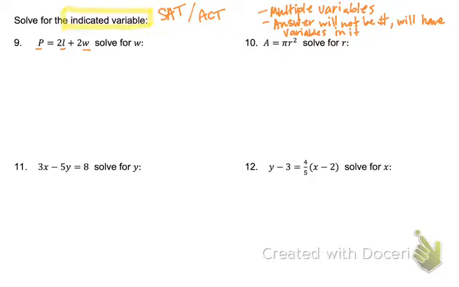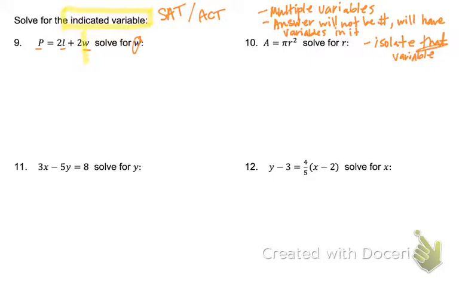I don't know. So the whole goal of this is to isolate that variable, whatever you're solving for. So here, number 9, we're solving for W. So we want to isolate the W, get it by itself. And the PEMDAS backwards still applies.